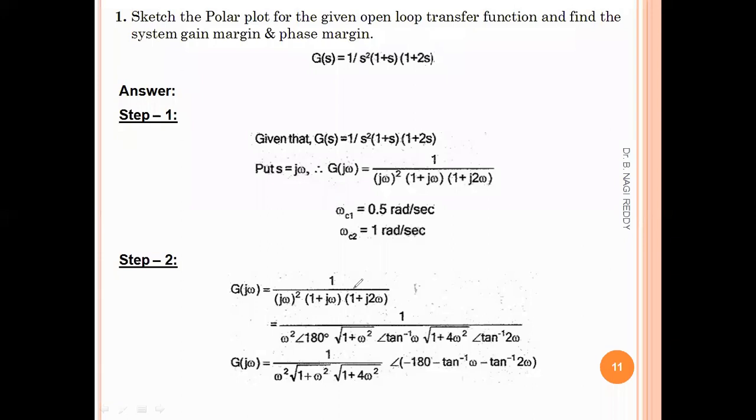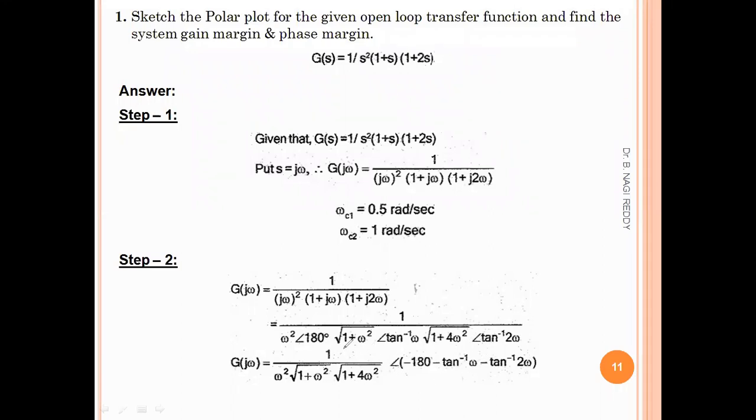So this is a simple conversion from complex form to polar form. I wanted to bring the total angles to the numerator. In the denominator, if the angle is positive, then it will become negative when we bring it to the numerator. So that's why here the plus 180 becomes minus 180, plus tan inverse ω becomes minus tan inverse ω, and plus tan inverse 2ω becomes minus tan inverse 2ω.